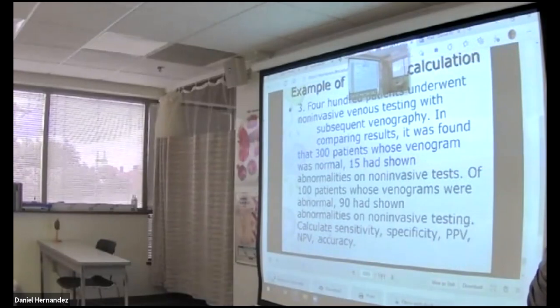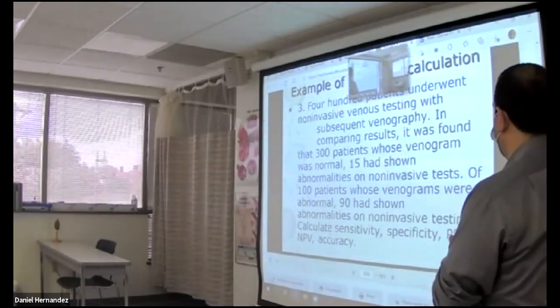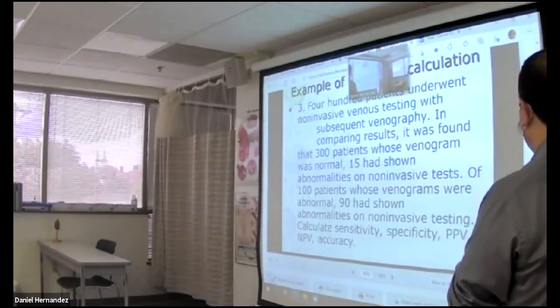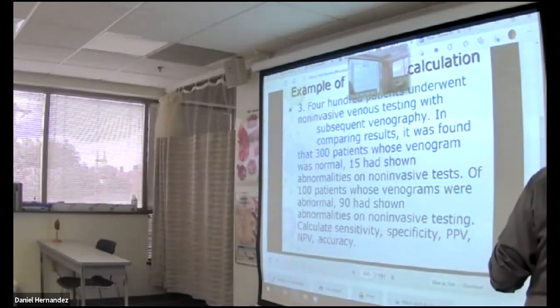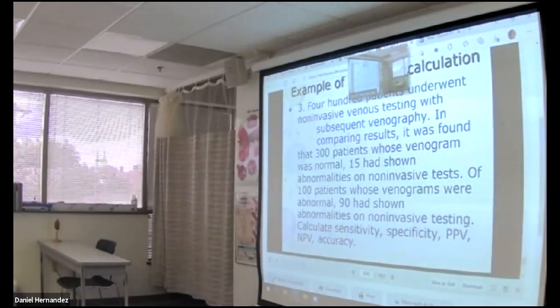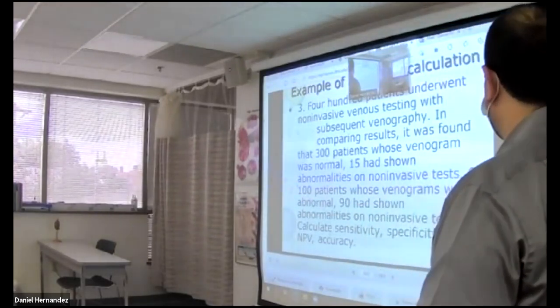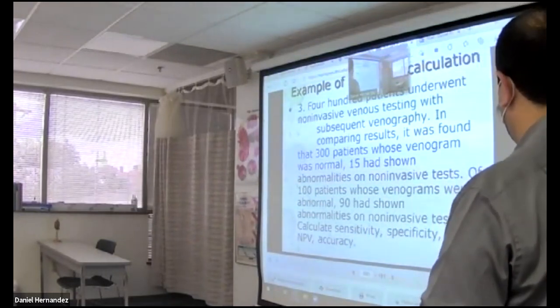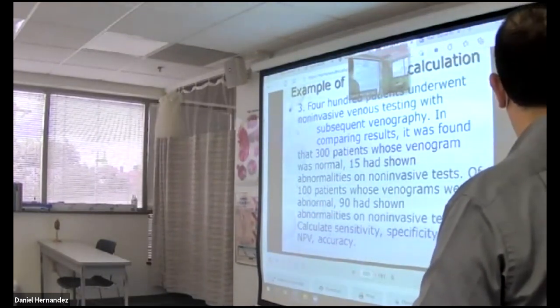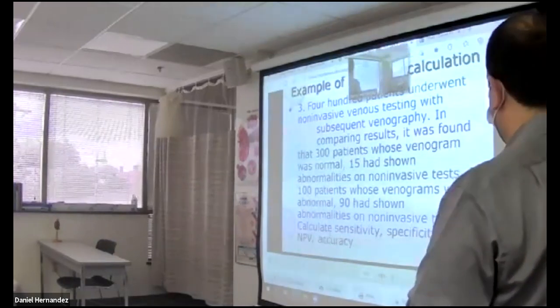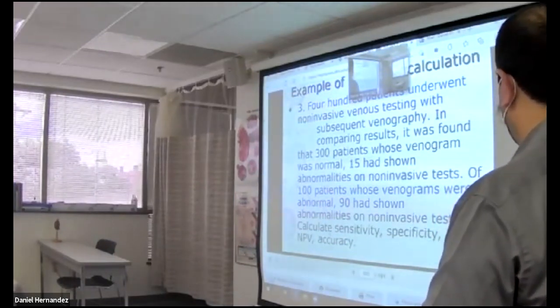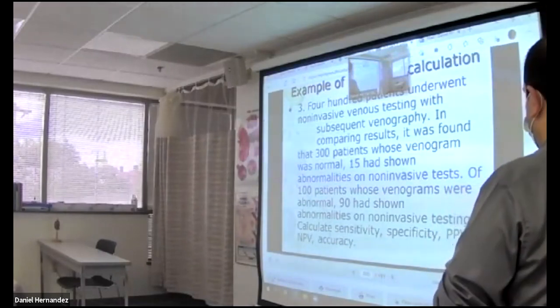So 300 patients whose venogram was normal, they were a true negative. And 100 patients whose venograms were abnormal.